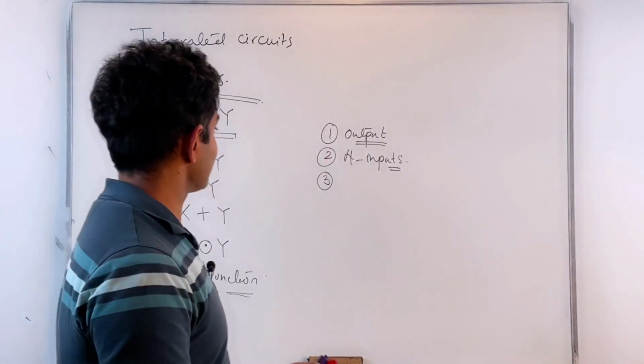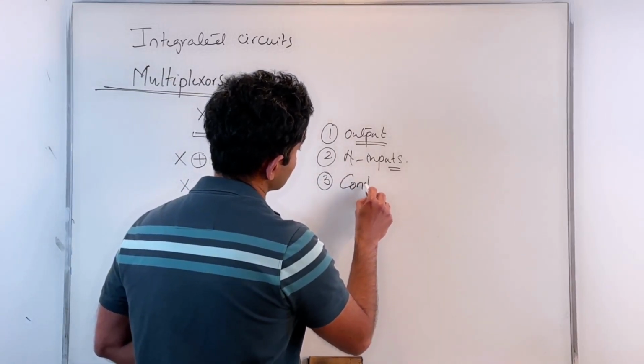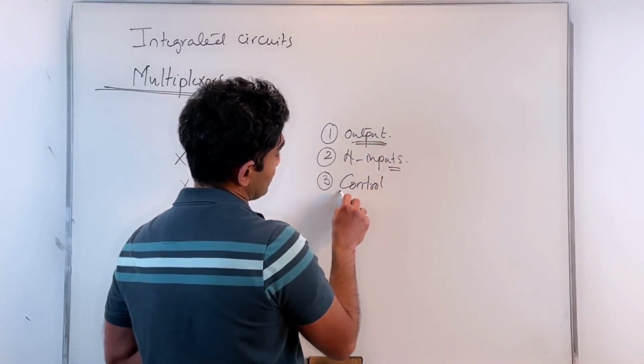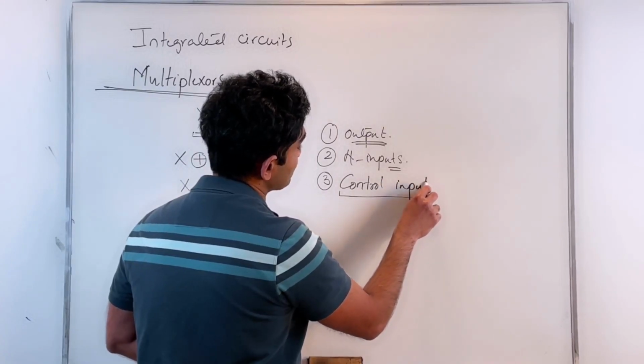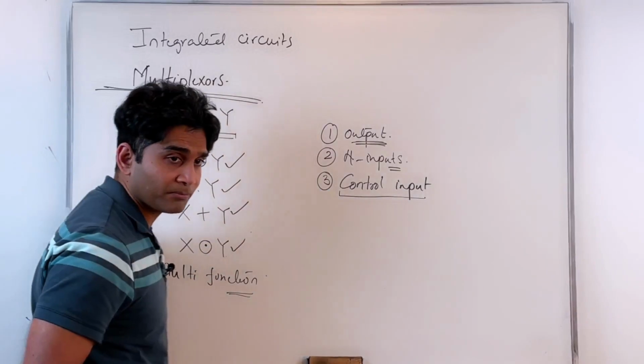Control, that's right. It's the control unit or the control input. So we need a control input because now I have one output, and depending on what I apply on the control input, I should obtain any of these functionalities from that hardware. Okay.